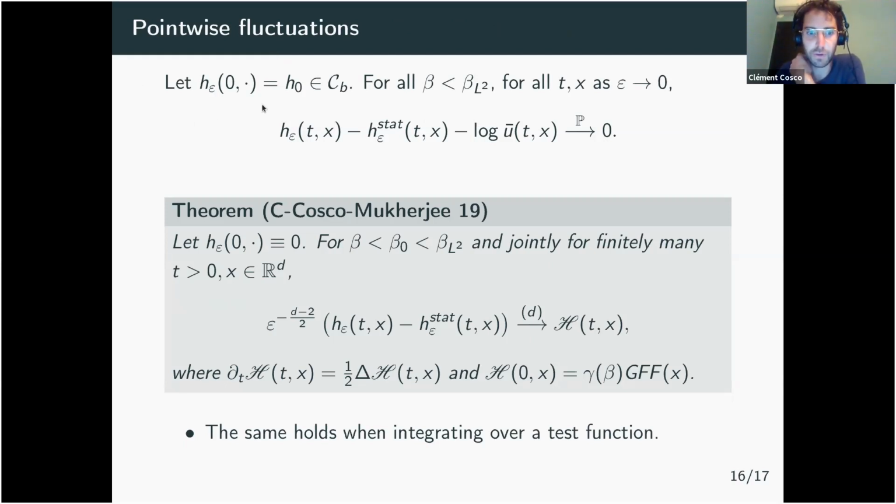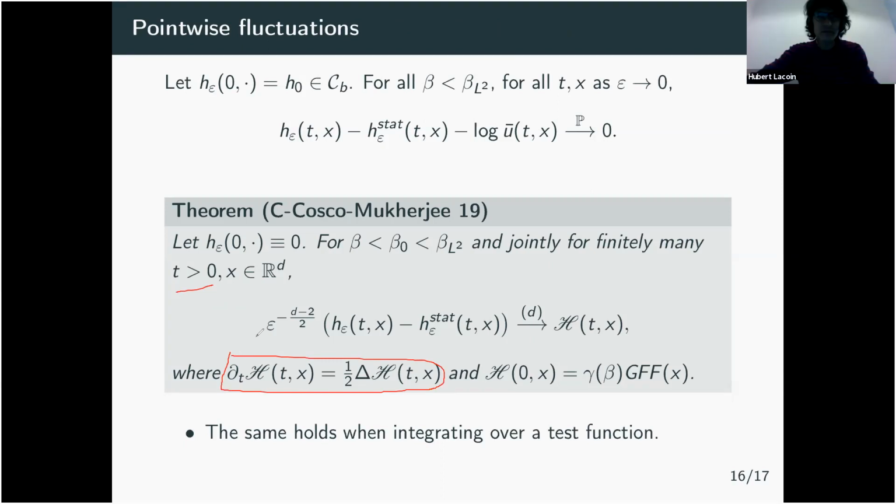It's for t strictly positive, and for t strictly positive you are looking at the solution after some time evolution of the heat equation. Ah, so the free field is the initial condition, you have no noise in that equation, so it becomes regularized. Okay, I understand. I had another question.